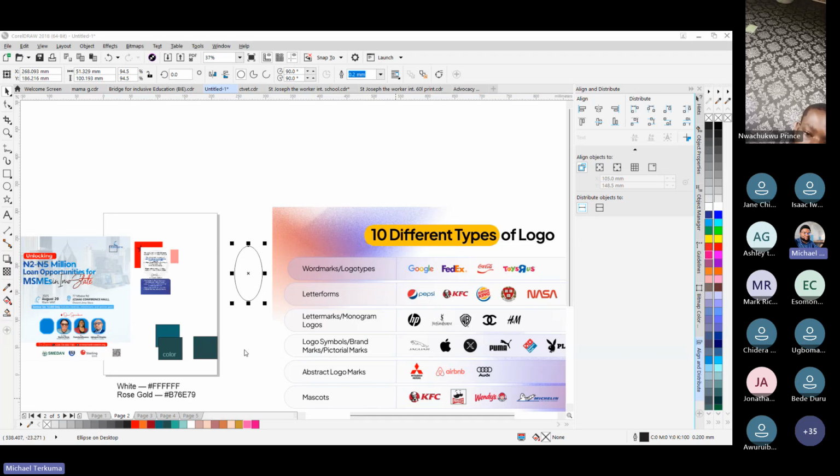Yes, they help you with graphics, but they're not professional. If you see most of the adverts they make for a graphics designer, they will be talking about Figma, CorelDRAW, Photoshop, or the entire Adobe Suite, which is Illustrator, InDesign, and Photoshop.